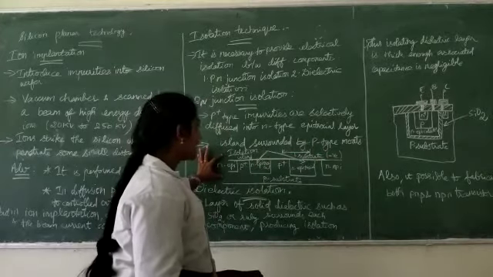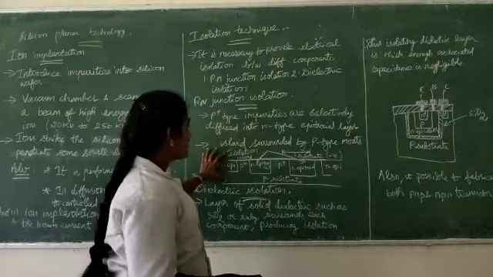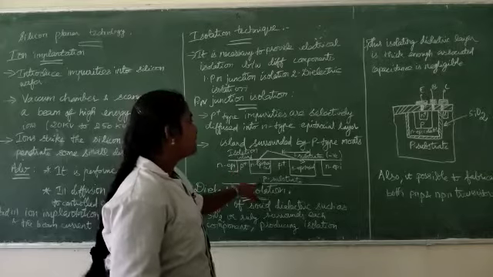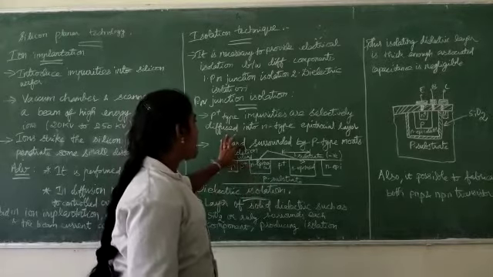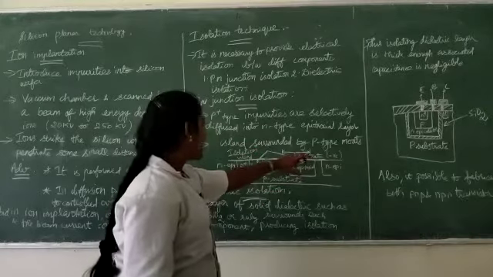The diagrammatic representation of this PN junction isolation is given here: first we have the N epitaxial layer, this is the P substrate, then this is the isolation island, surrounded by the P-type regions.